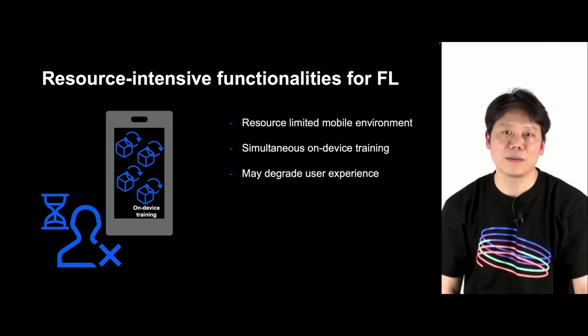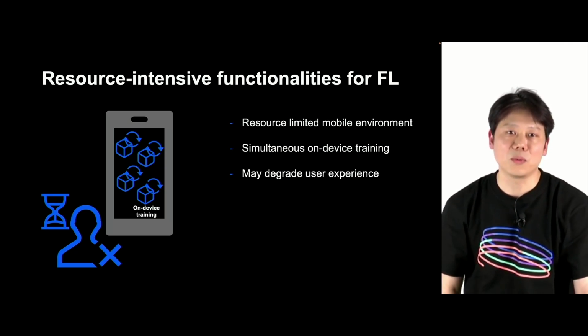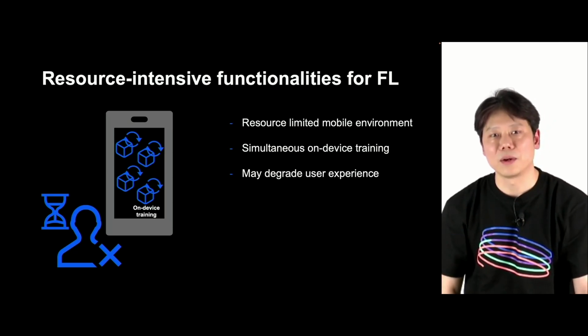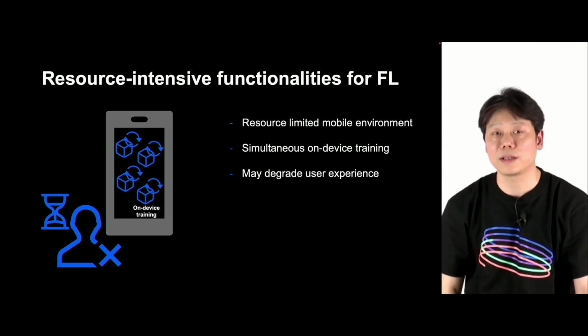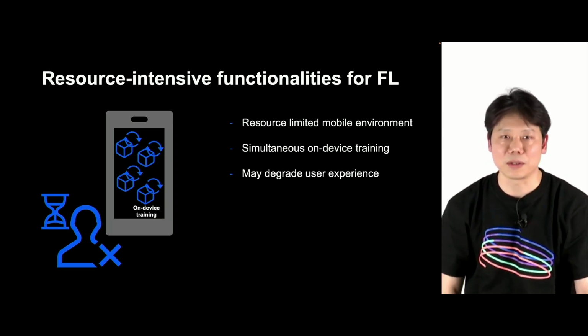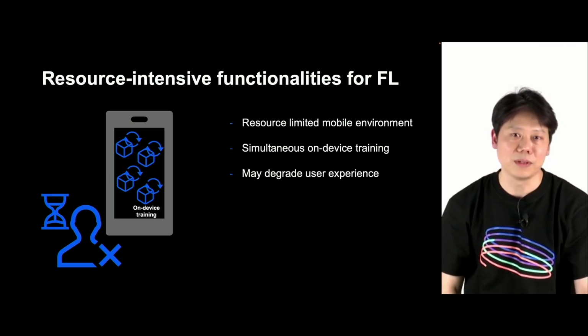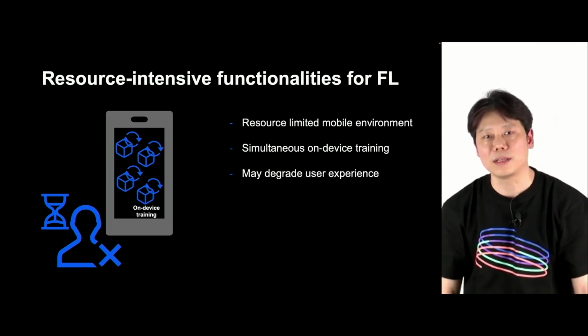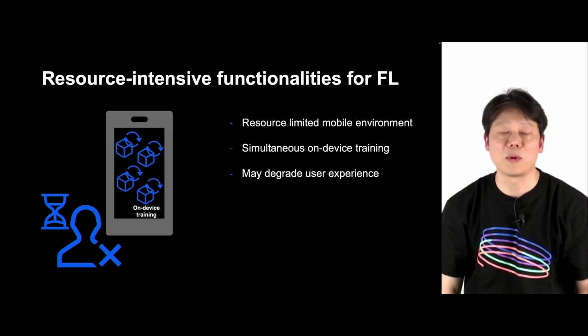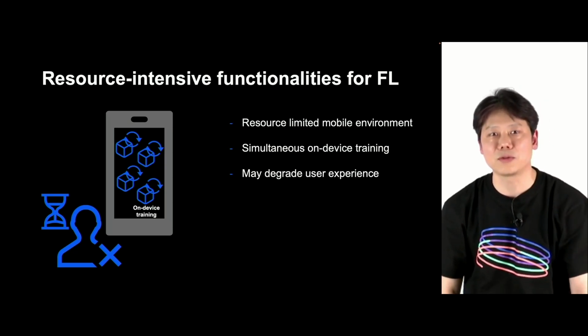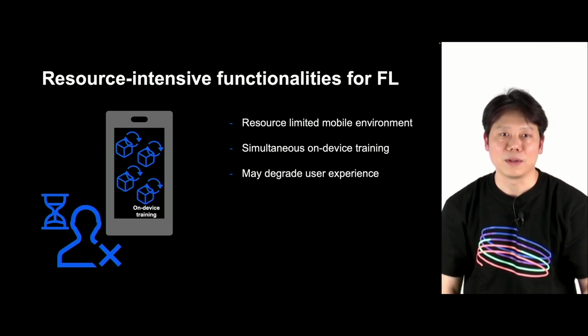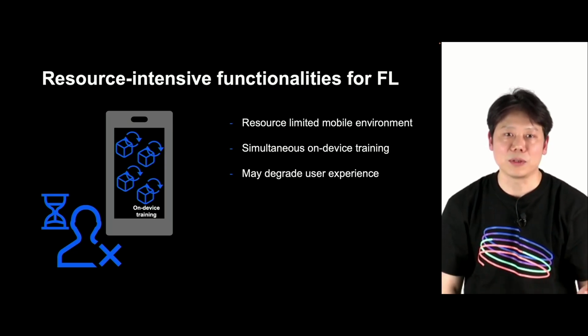In a mobile environment where the resource is limited, it could be heavy. So it needs to be able to do on-device training as well. For instance, if model learning takes place simultaneously, it could eat up too much memory, or it could take up too much battery, and also it could create glitches.